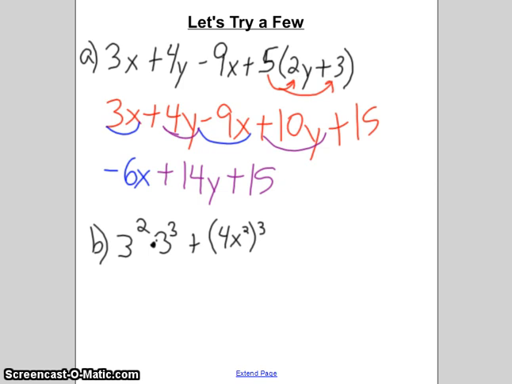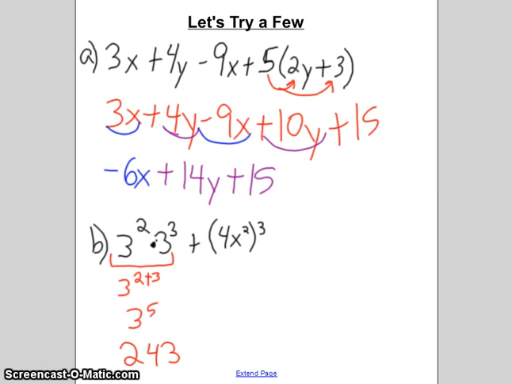Now when I look down here at the next one, I have quite a bit going on, and I've got to pay attention to what I'm doing. For example, when I multiply two exponents that have the same base, that's the same thing as saying 3 raised to the 2 plus 3, or 3 to the 5th power. And if I do 3 to the 5th power, I will get 243.